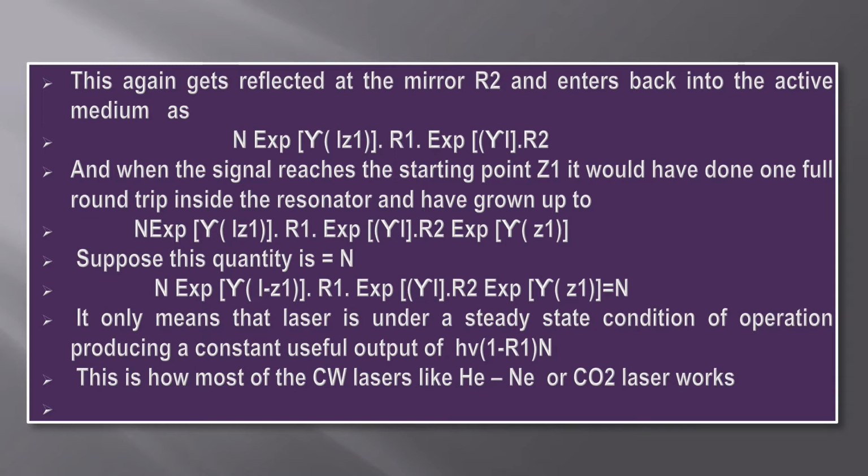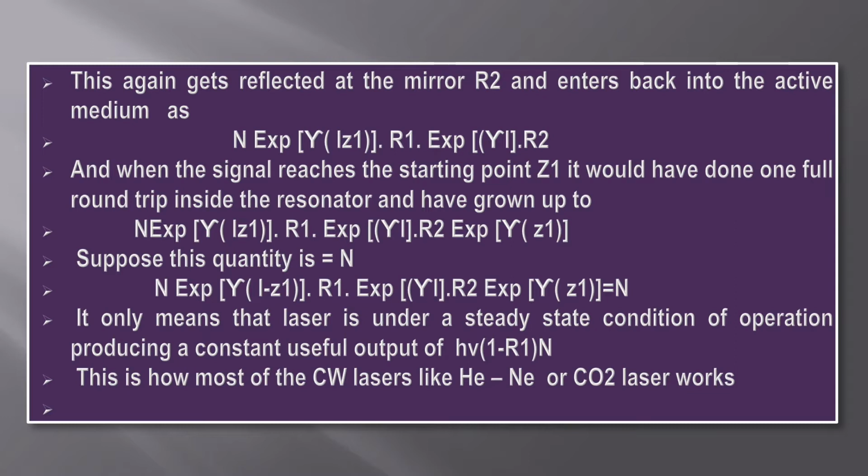Then R1 is the reflectivity of mirror R1, exponential gamma L involves the gain coefficient and L, the length of the whole medium. Then R2 is the reflectivity, and since the light goes back, it grows again by exponential gamma z L1, the small distance between z equal to 0 and z1. All these put together give the final resultant light that started here, went up and came back.